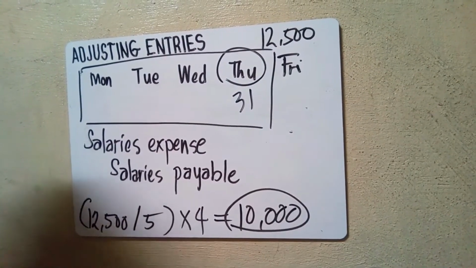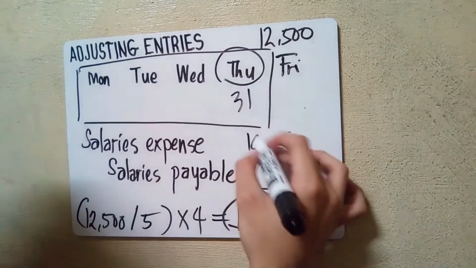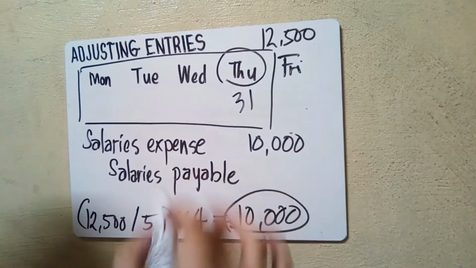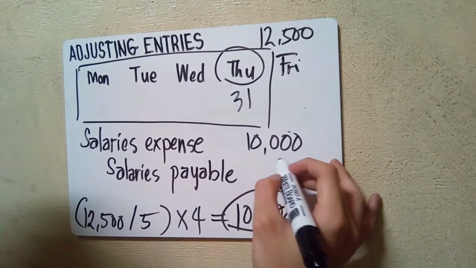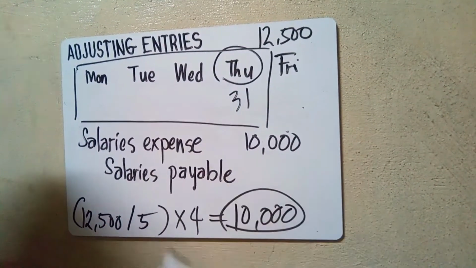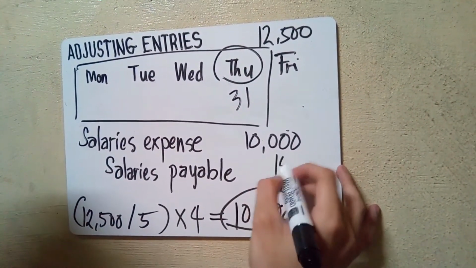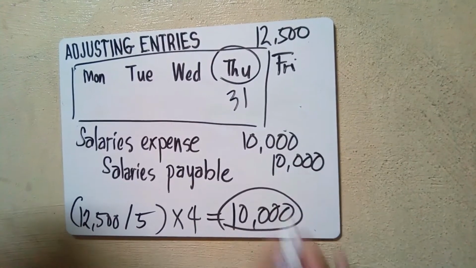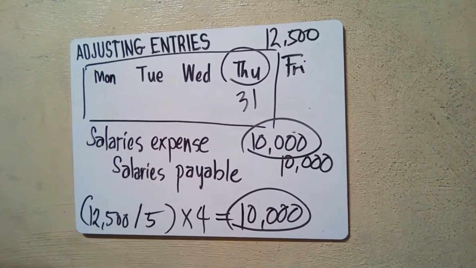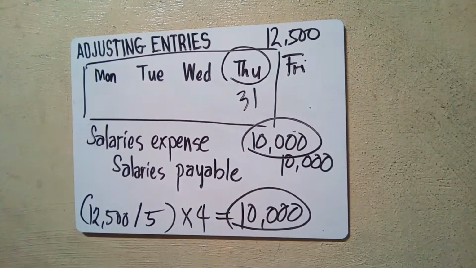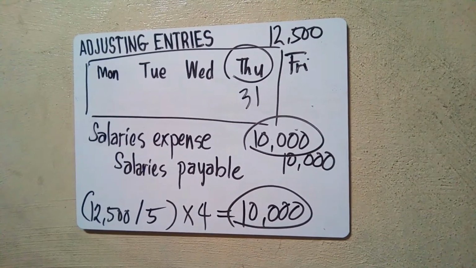So the amount of 10,000 pesos will be the amount of salaries expense that has been incurred by XYZ but has yet to be paid in cash. So the 10,000 pesos is recognized as an expense by XYZ company at the end of December.